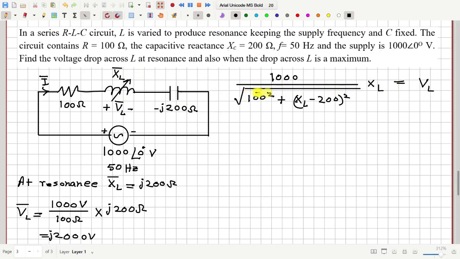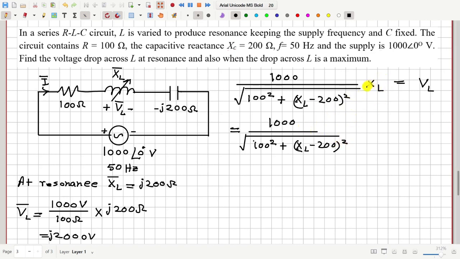Now we want this value to be maximum. Let me write this in this way: 1000 divided by under root 100 squared plus XL minus 200 whole squared, and here in the numerator I have an XL.